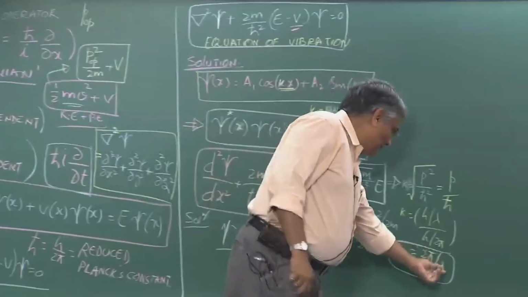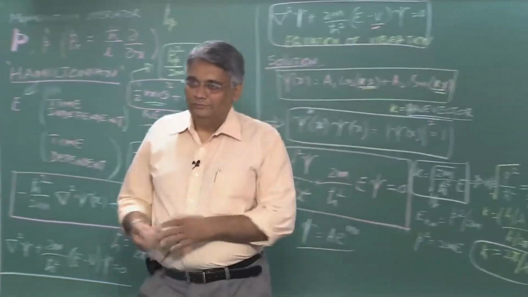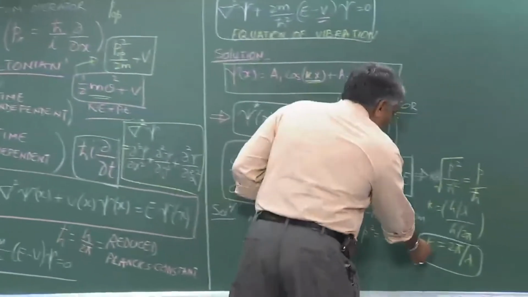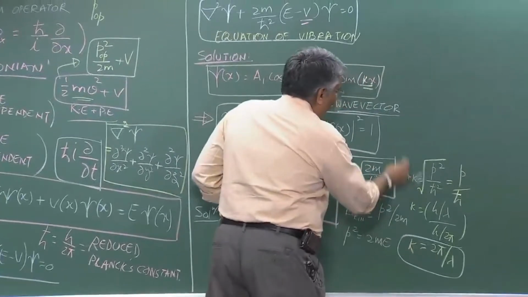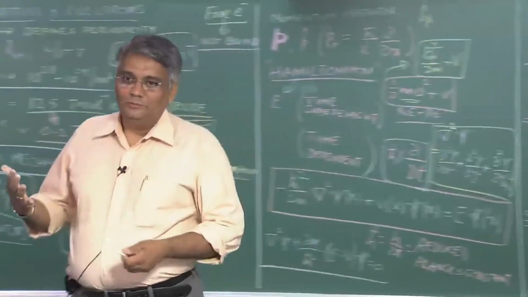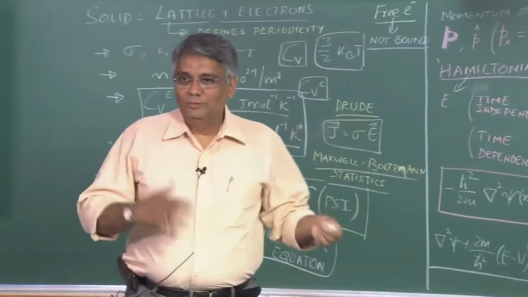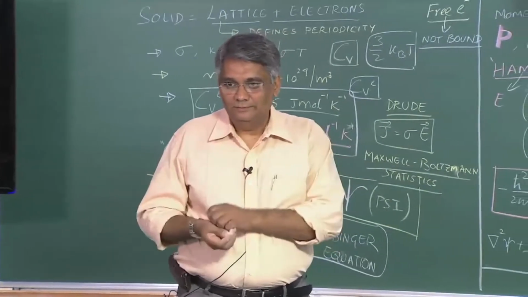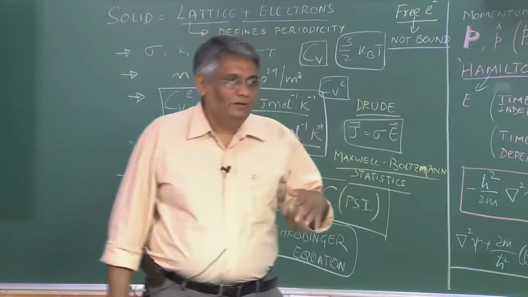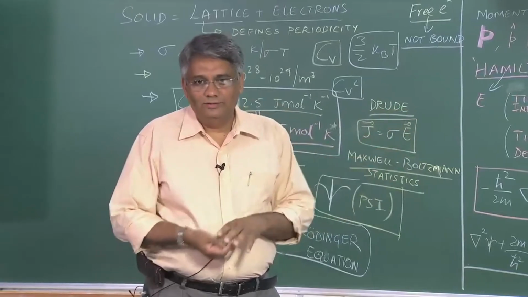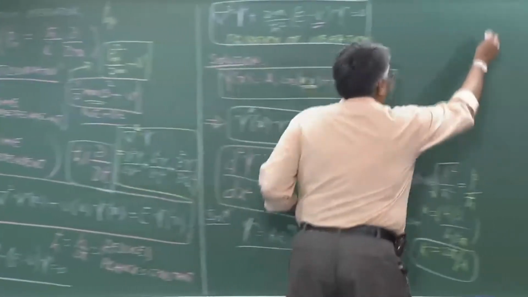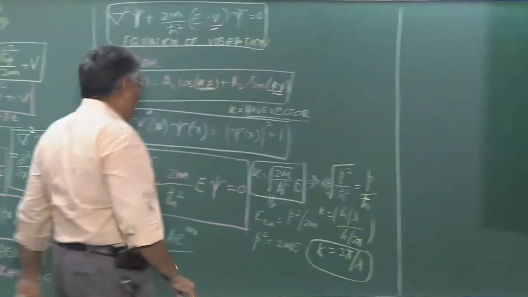So, it is associated with the wavelength of the propagation, of course, and it is called a vector because, as you can see, k is proportional to p, momentum, which in turn is proportional to the velocity. Both momentum and velocity are vectors, so k is also a vector. That is why it is called a wave vector that defines the propagation of the electronic wave in the medium, which has really very important implications.